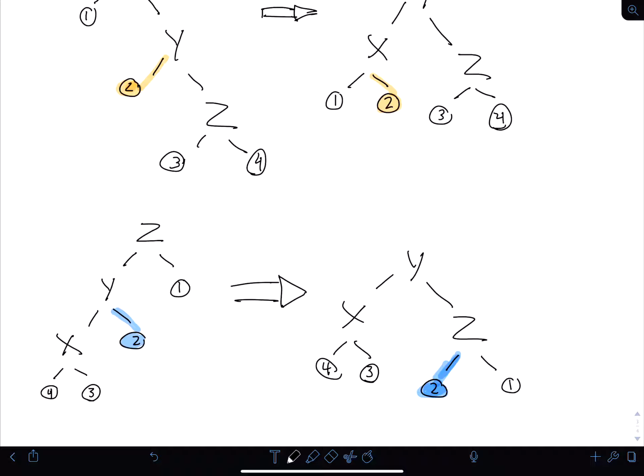Okay. So now we're going to see the other 2 rotations. The other 2 rotations that we can have are what we call double rotations. So let me introduce you to an example where you run into that problem.